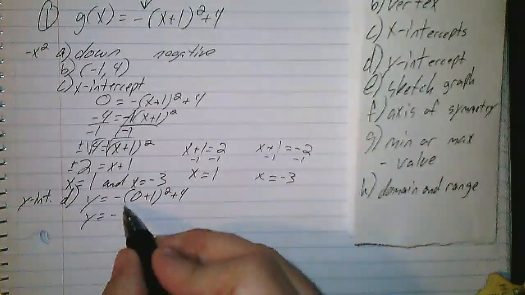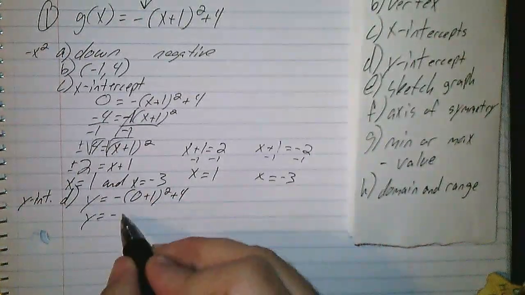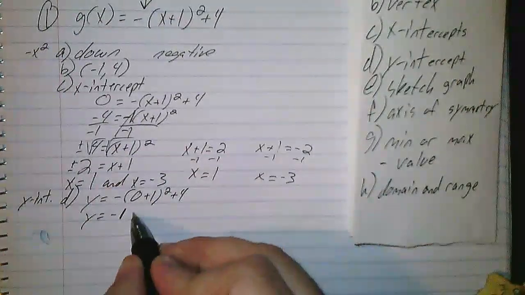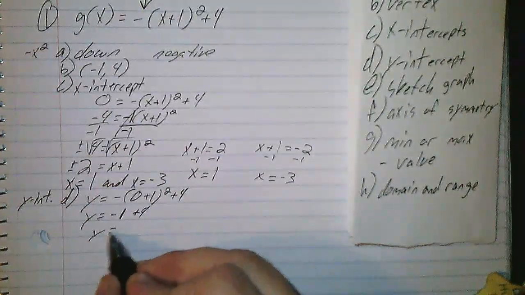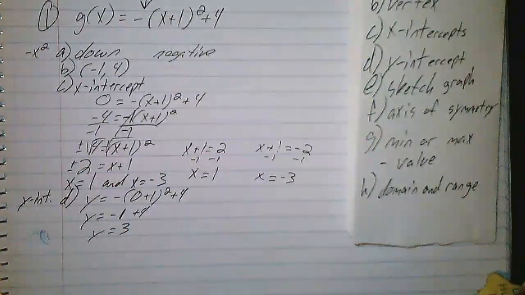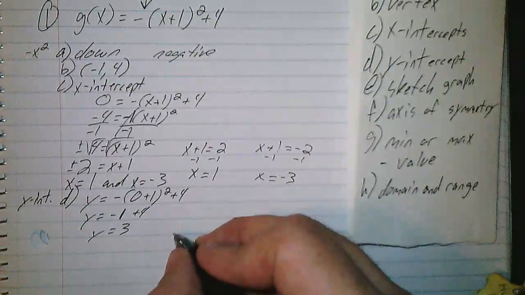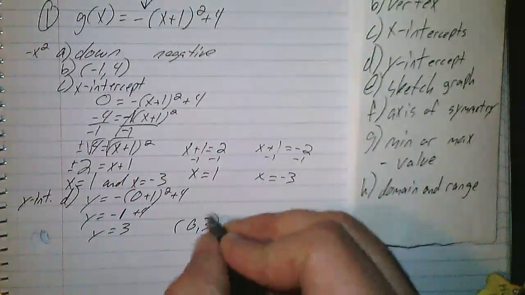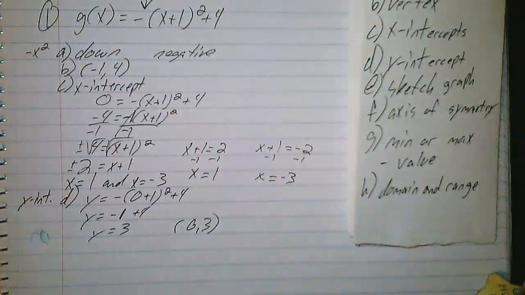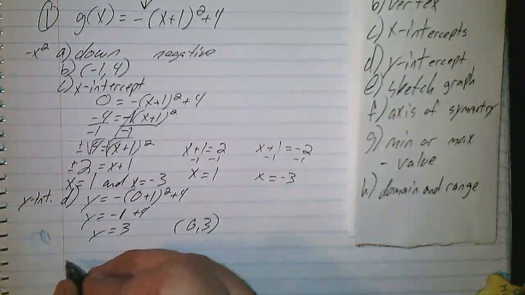So negative, and then this is 1 squared, just becomes 1, plus 4, gives us 3 for the y-intercept. You enter these as ordered pairs. Now sketch the graph.